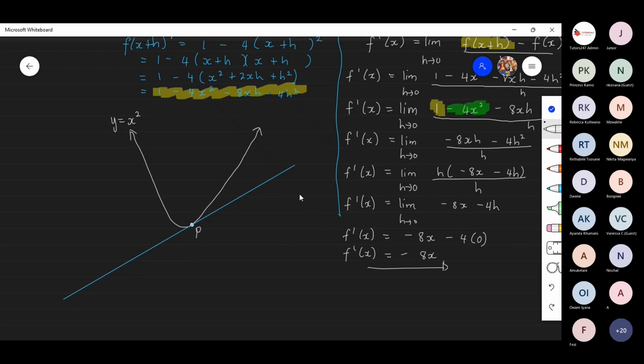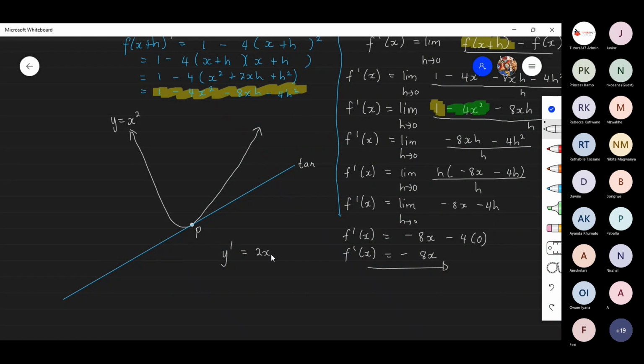So we have this tangent that is cutting our graph at point P. If we were to derive the function x squared, we'd end up with the first derivative equals 2x, right? Now, what does this represent? What does the derivative represent?